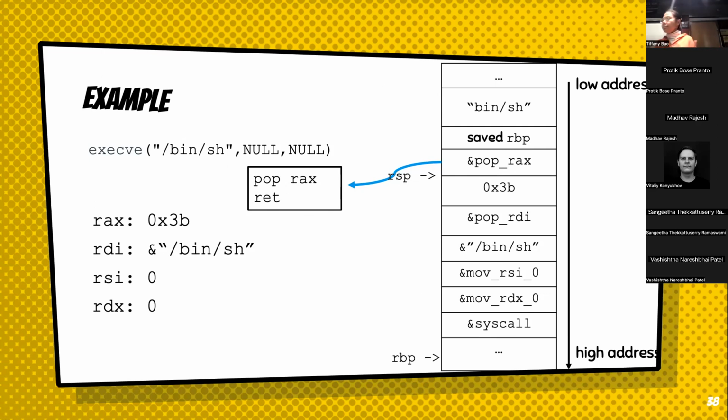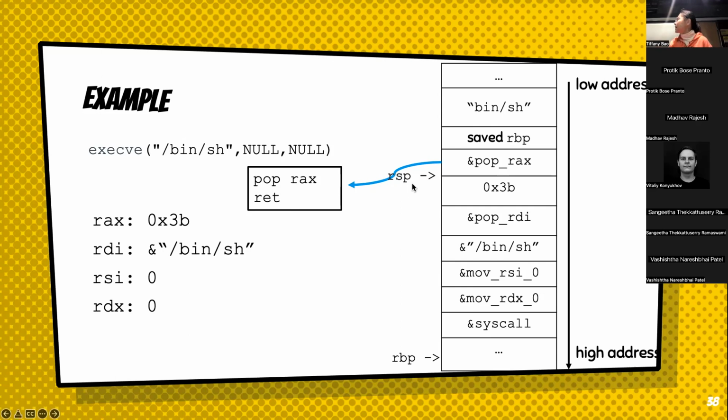So far so good? All clear? Okay, cool. Also keep in mind where RSP is at this point, because we do a pop. Again, pop RIP, so RSP goes to here.